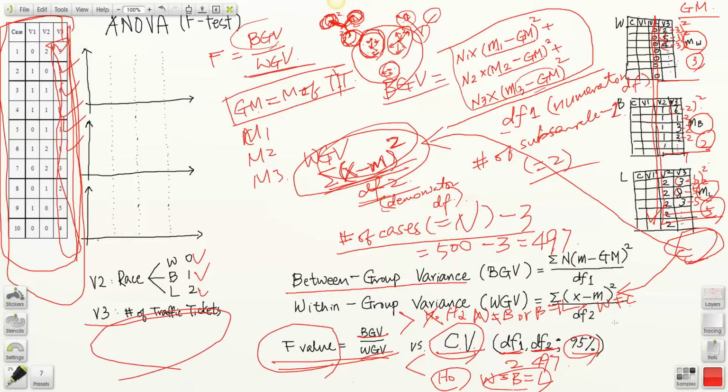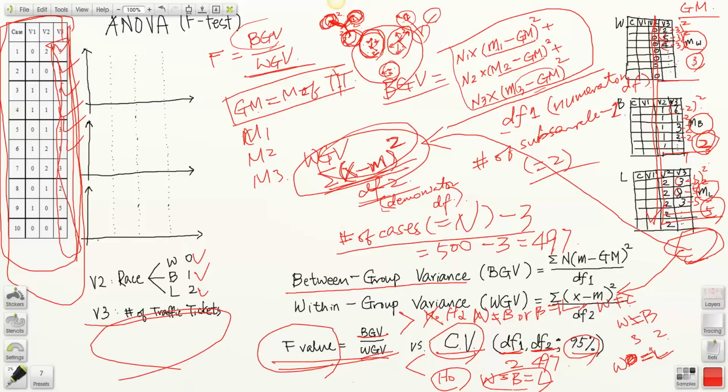So it might be that the white subsample is significantly different from the black subsample, this 3 and 2. But it turns out the black subsample and Latino subsample are pretty much the same. Well, in this case, it doesn't make sense. It's 2 and 3. So probably, let's say, the white subsample is pretty much the same as the Latino subsample.